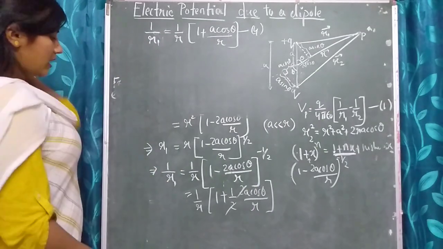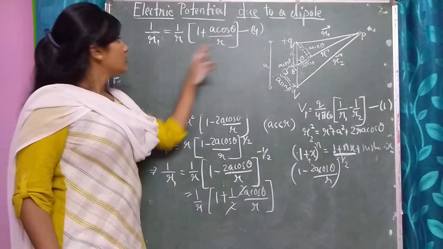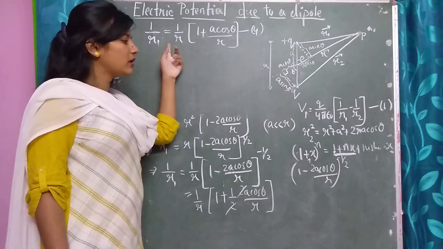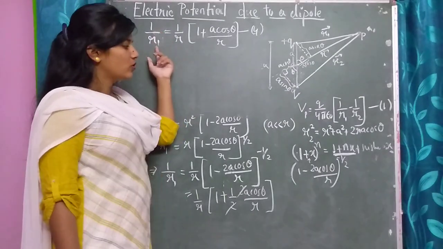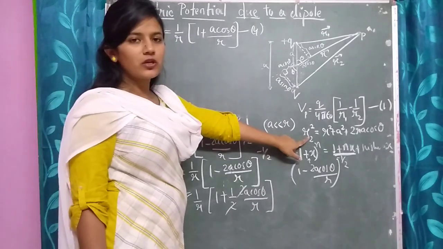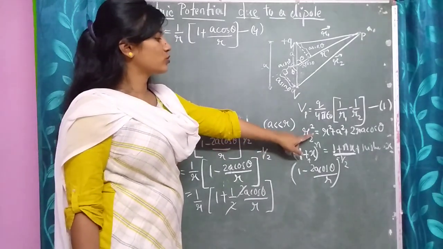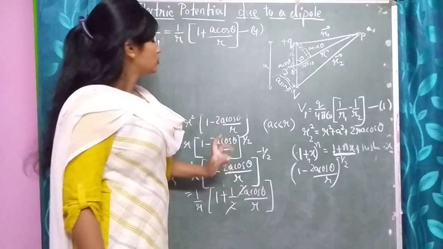As we have derived 1 by r1, similarly we can derive 1 by r2 using equation 3, the r2 square expression.